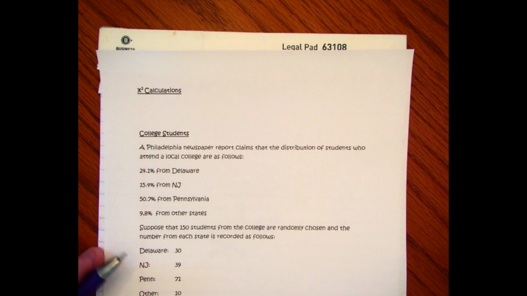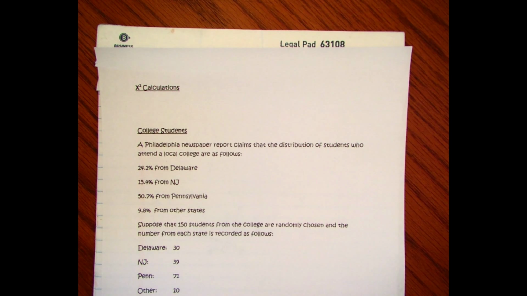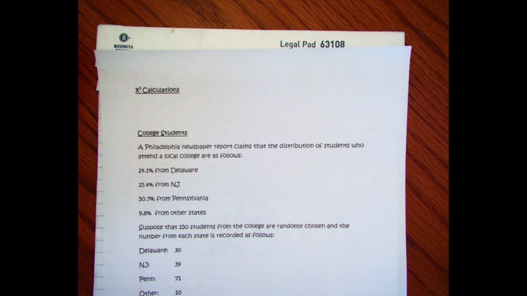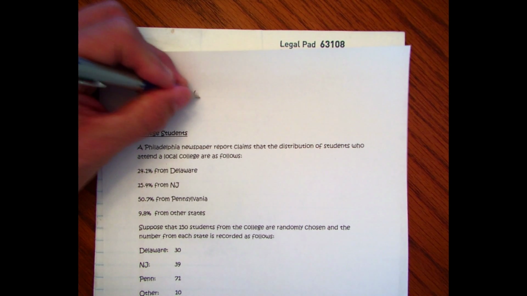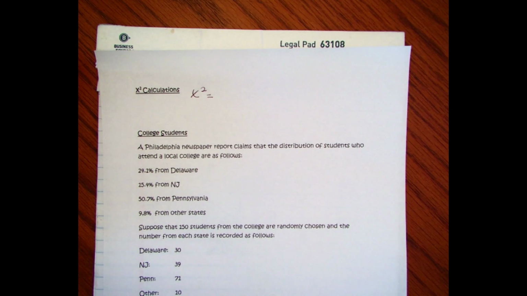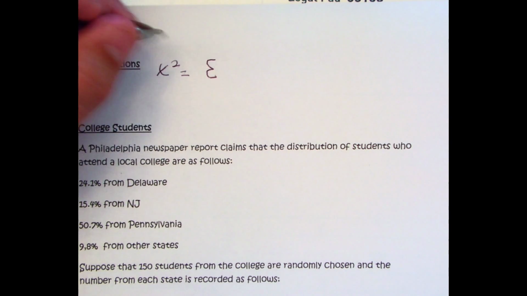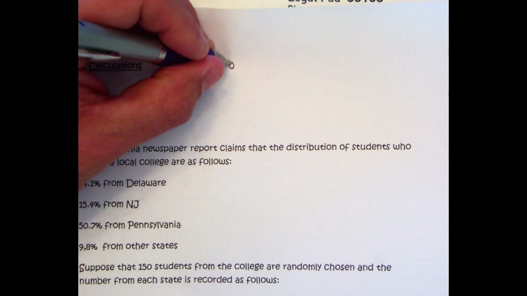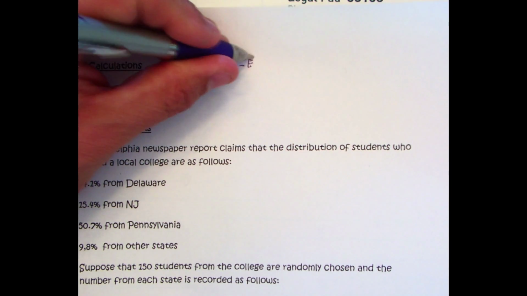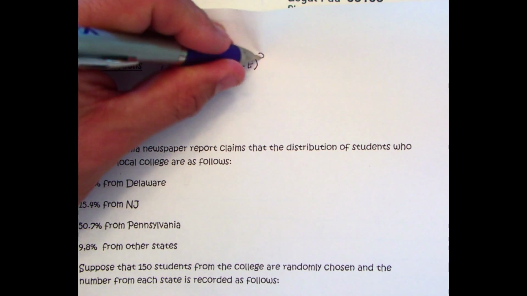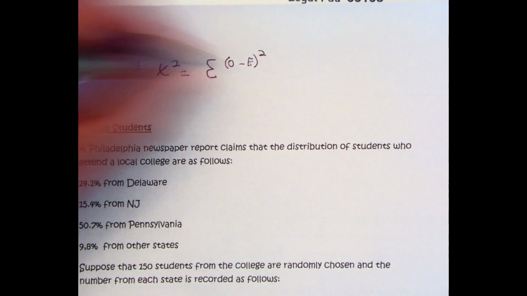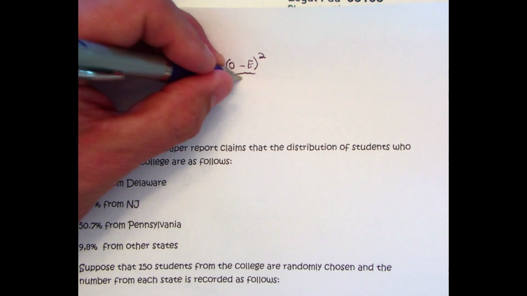Alright, so let's look at the chi-squared calculation, and this is on your AP formula sheet. Basically chi-squared is going to equal the sum of each observed value minus the expected quantity squared over the expected value.